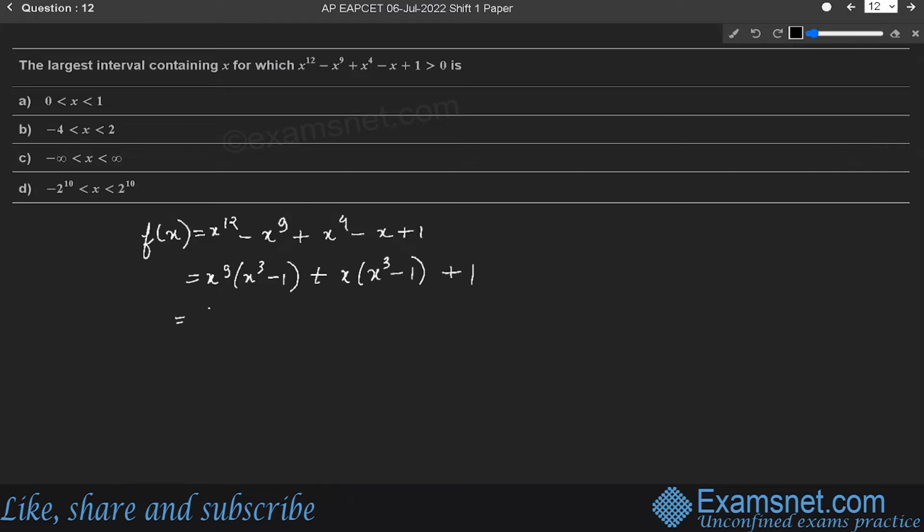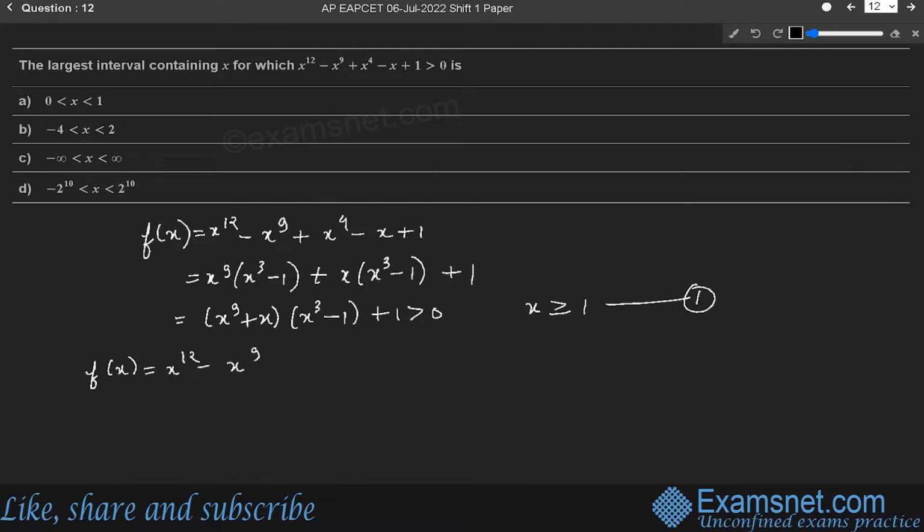So it can be written as (x power 9 plus x) into (x cube minus 1) plus 1 is greater than 0. Or we can say that where x is greater than or equal to 1. So let this be equation number 1. Again, f of x is equal to x power 12 minus x power 9 plus x power 4 minus x plus 1.